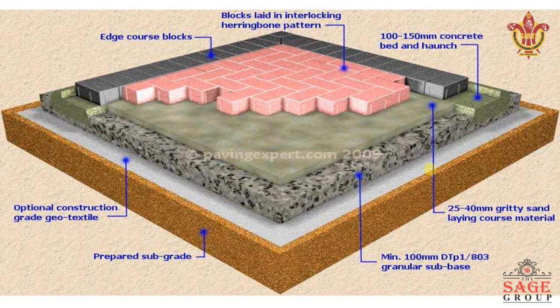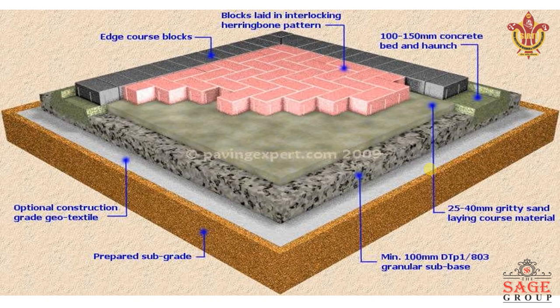Another example we can see here: on the top surface, the paving blocks are laid in an interlocking herringbone pattern. So the finishing course has a herringbone pattern. The edge course blocks are arranged side by side.